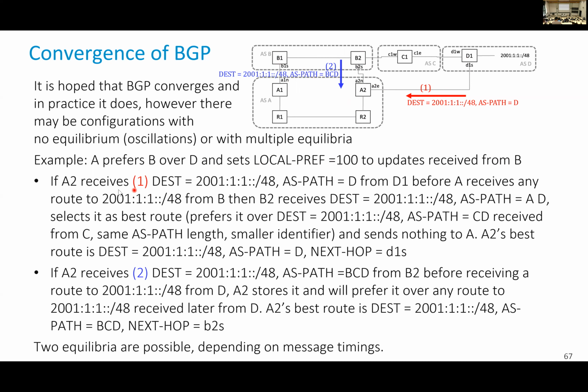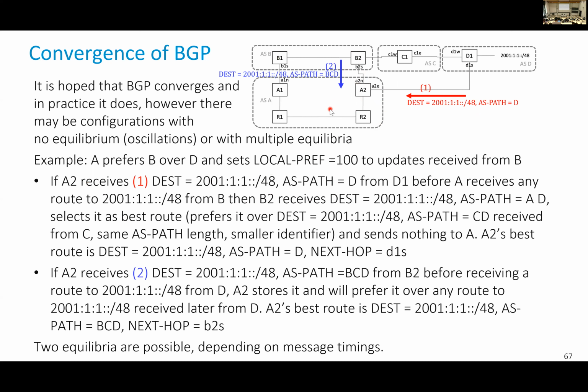So let's assume the following scenario. A2, this router, receives this announcement from D here. So that's a prefix. This prefix is received directly from D here. And assume it received this before receiving anything from B, for example, because A2 has just started, and that's the first thing it receives here, or the process has been restarted here.